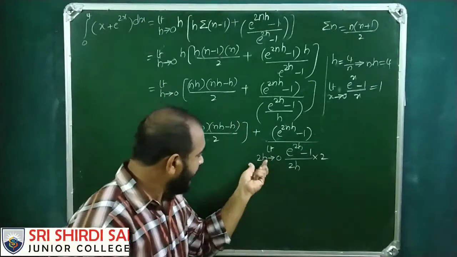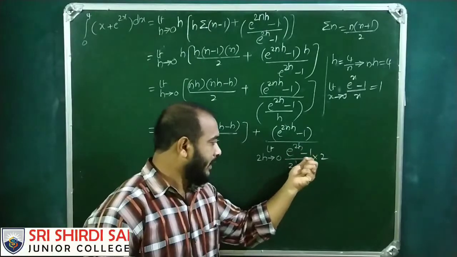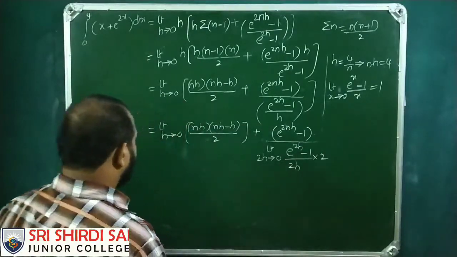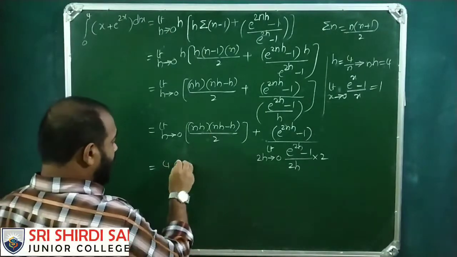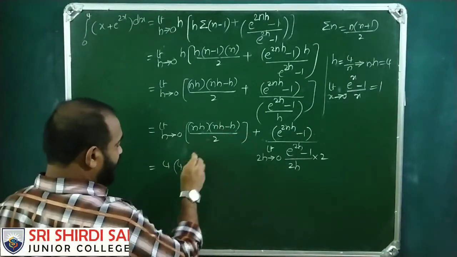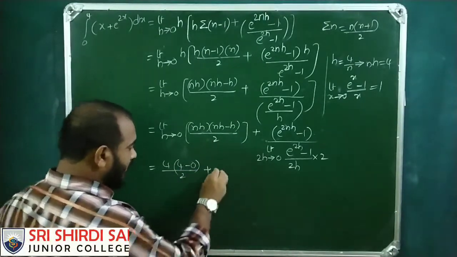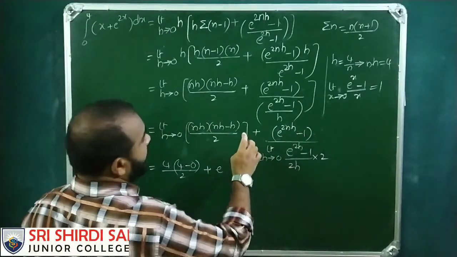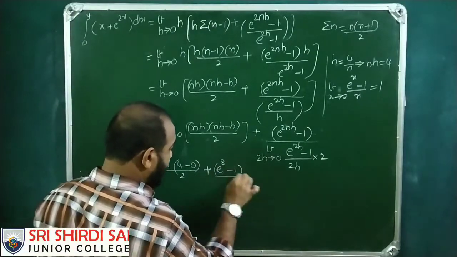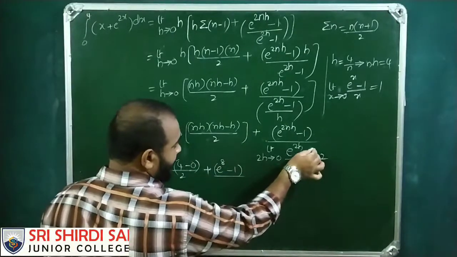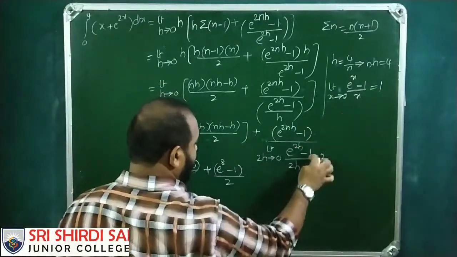So this is the limit as x tends to 0 of (e^x minus 1) by x. So this equals, nh value is 4, as h tends to 0 if I substitute here: 4 minus 0 by 2 plus e^(2nh) value, nh value is 4, 2nh is 2 fours are 8, minus 1 by, the value of this is 1 according to this property, into 2.